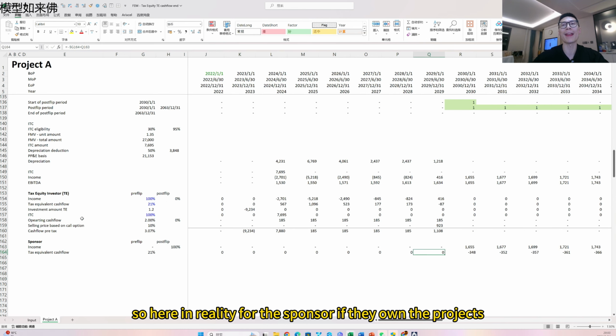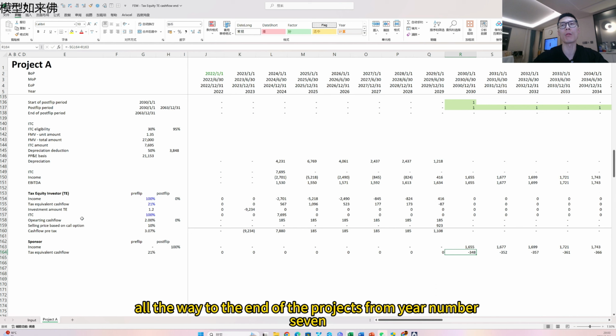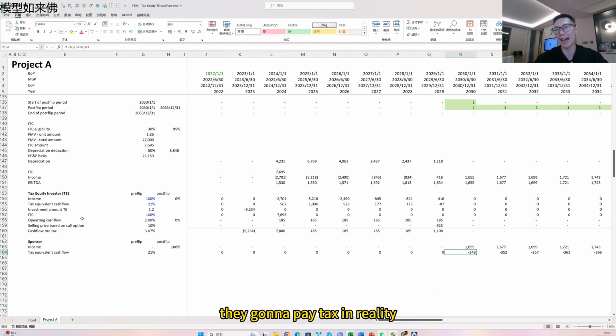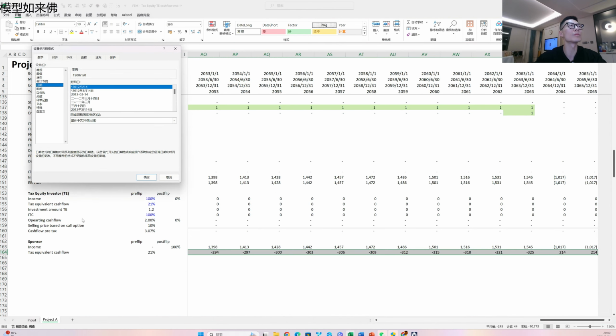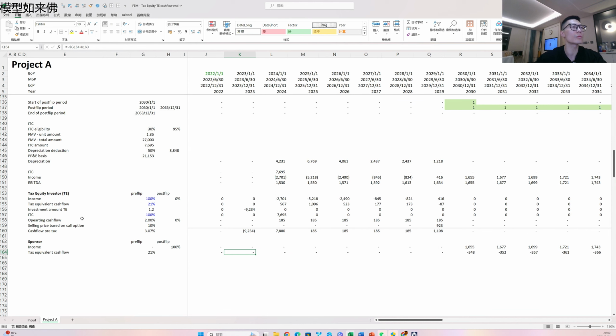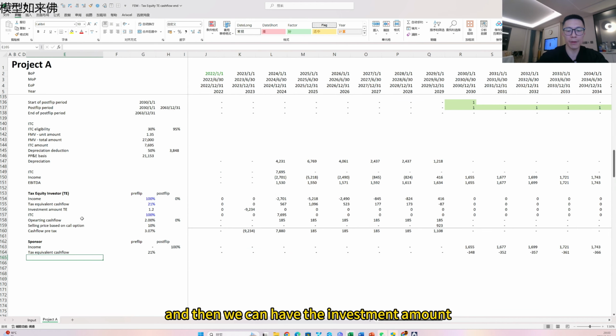In reality, for the sponsor, if they own the projects all the way to the end of the projects from year number 7, they're going to pay tax. In reality, not at the project level, not at the SPV level, but at their own balance sheet, the P&L. Okay, and then we can have the investment amount.